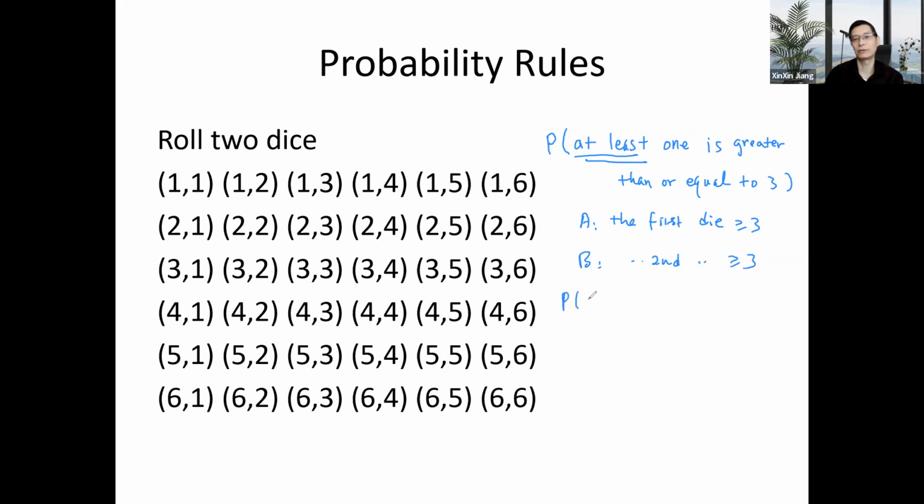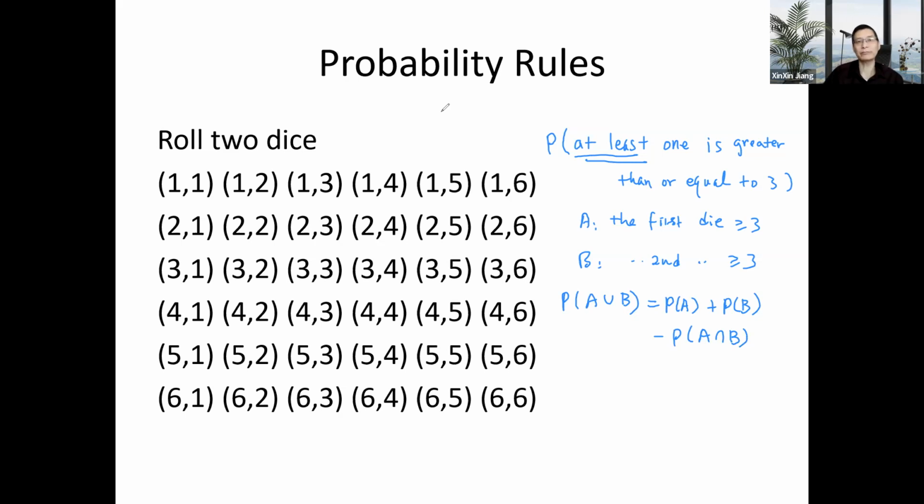So we're looking for the probability of the union, at least A or B. That's the probability of A plus the probability of B minus the probability of A intersect B.